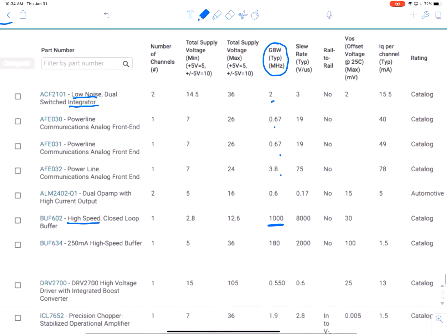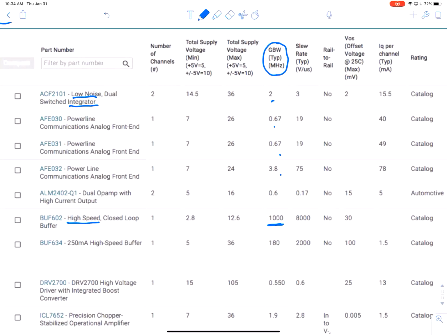Let's pick slew rate here, for example. Slew rate, volts per microsecond. The majority of them are between 1 to 10 volts per microsecond. And again, here is an outlier, 8,000. When you look at it, it's the same high-speed part. The high slew rate doesn't mean they go to much higher voltage, but because they operate at 1,000 times faster frequency, your slew rate needs to be proportionally faster.